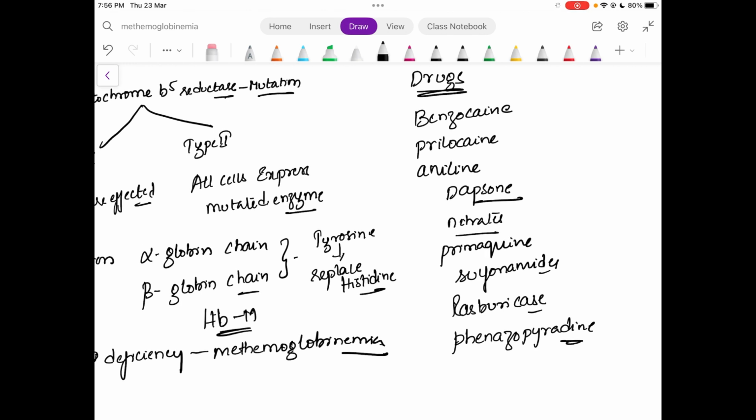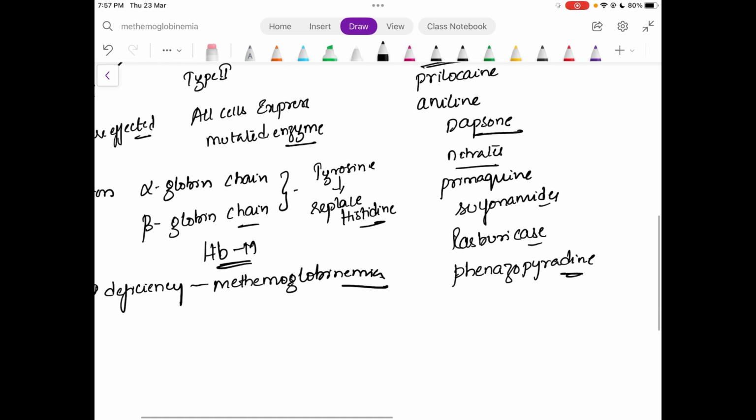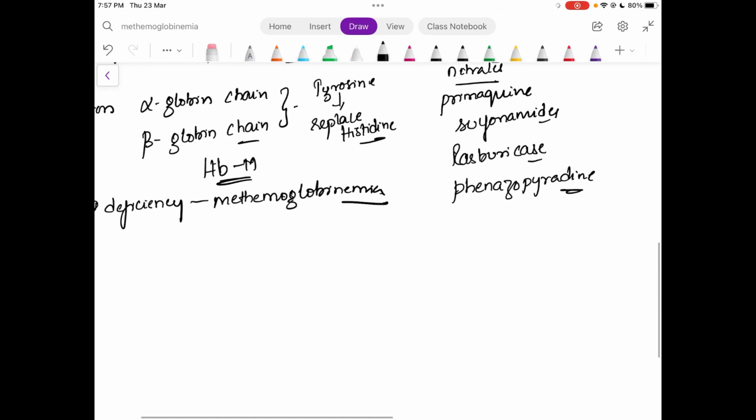These are the drugs which will cause formation of methemoglobin, and benzocaine is the most common local anesthetic which is used for endoscopies. It is the hospital based toxicity where most of the patients experience methemoglobin formation.